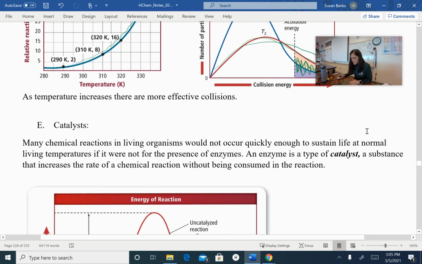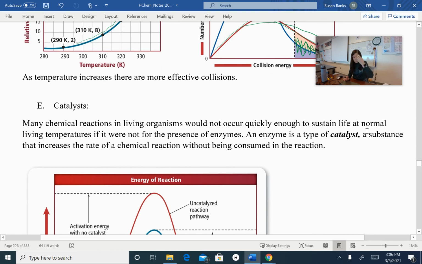Okay. Next, catalysts. Many chemical reactions in living organisms would actually occur so slowly that we wouldn't be able to sustain life at normal living temperatures. So our enzymes are living catalysts. They make the reactions that we need to live go about 20,000 to 100,000 times faster than they normally would.